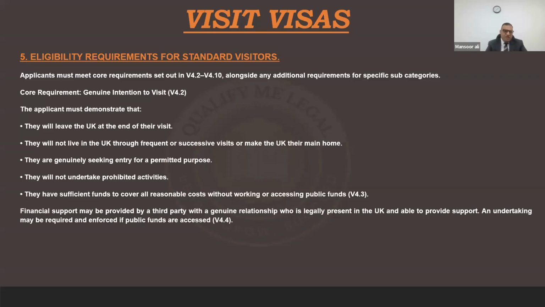For instance, if A wanted to come to the UK, if he has ties back to his home country, if he is going to go back, if he has children back in his home country, there are some factors which prove the intention of that individual. Intention has been explained in detail in V4.2 of Appendix 5.